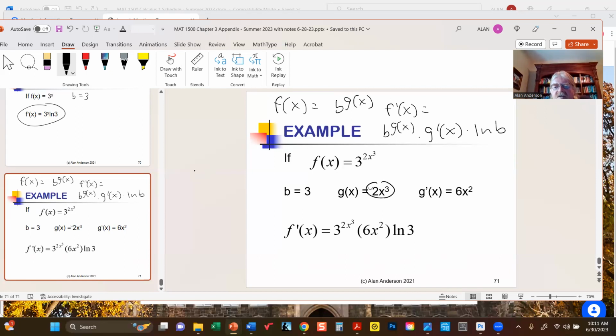The exponent is 2x cubed. Based on the power rule, we have 6x squared. We plug everything in. This is b, the original b to the g of x power. And that's it.